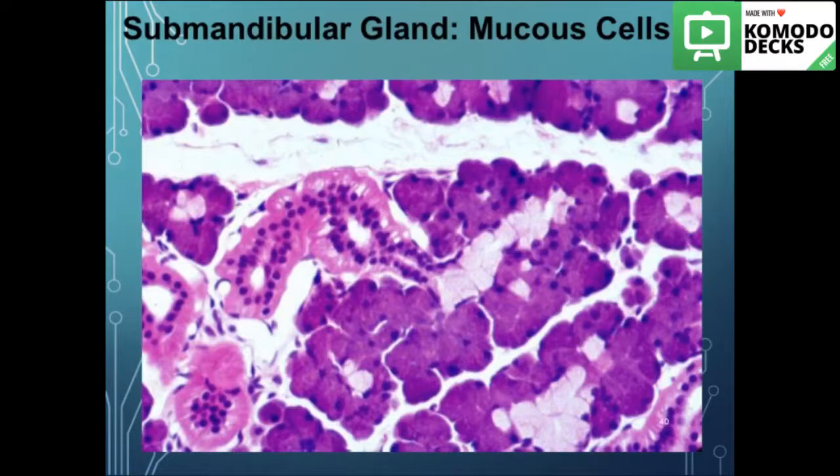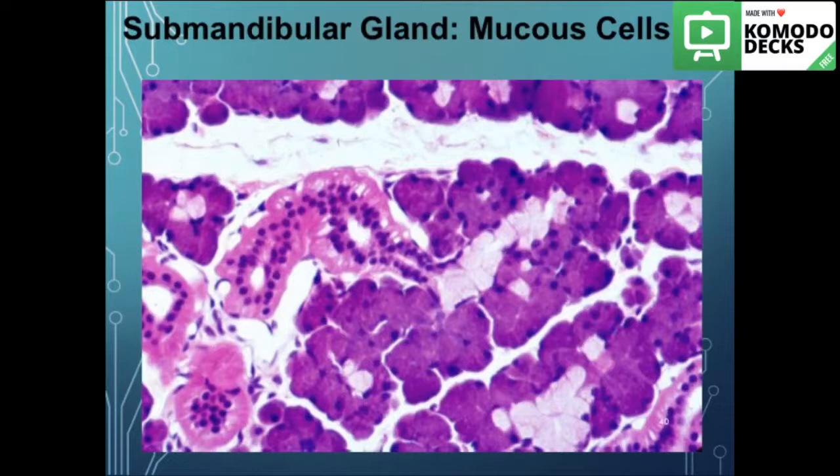Here you see the paler cluster of cells are the mucus cells, with a predominance of the serous acini, and sometimes they appear as a crescent shape around the mucus cells.